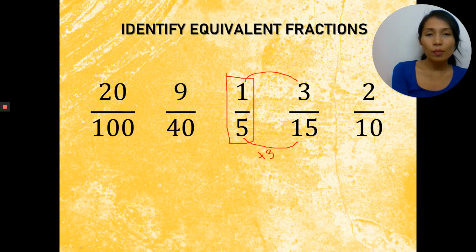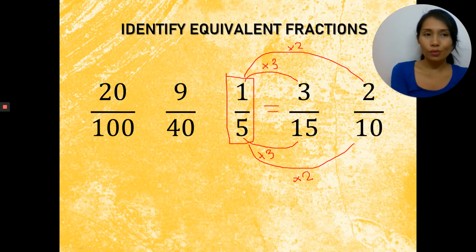Now you multiply the same above. 1 times 3 equals 3. So they are equal. Okay, how about here? 5 times 2 equals 10. 1 times 2 equals 2. Correct. So they are equal.